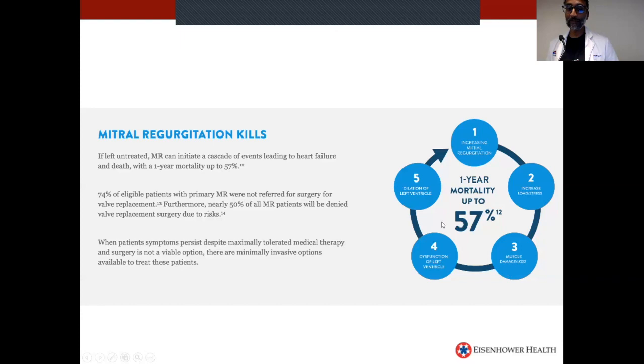As they become damaged, the heart function starts decreasing and the heart starts getting weaker. As the heart gets weaker, it starts ballooning. Now, as the heart balloons, the valves are attached to the side of the heart. So if the heart's getting bigger, now the valve gets pulled apart even further. As the valve's getting pulled apart even further, you start getting more mitral valve regurgitation. And then this cycle just continues over and over again until people develop congestive heart failure and other complications from it.